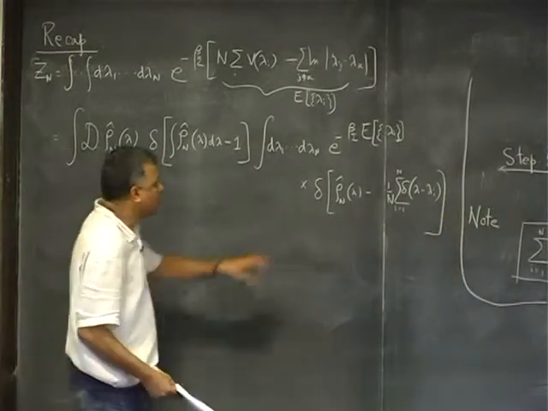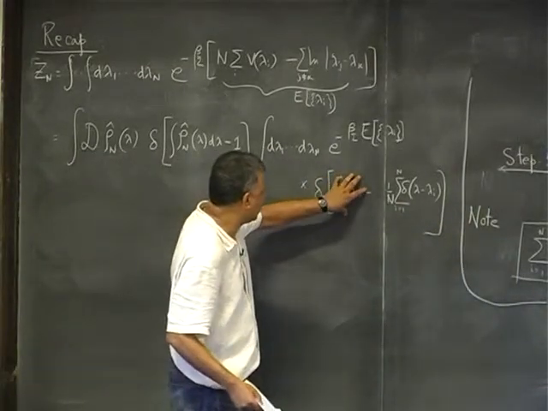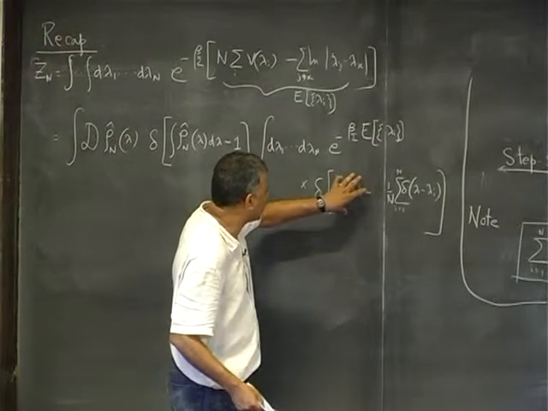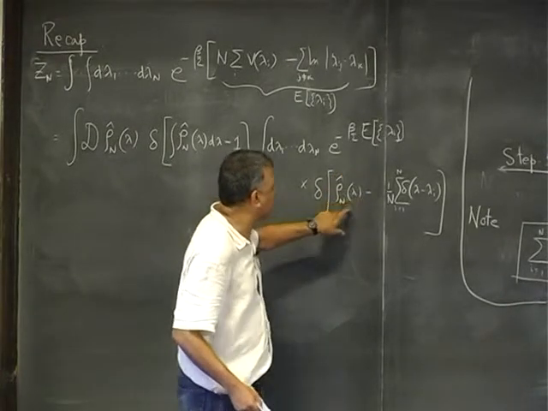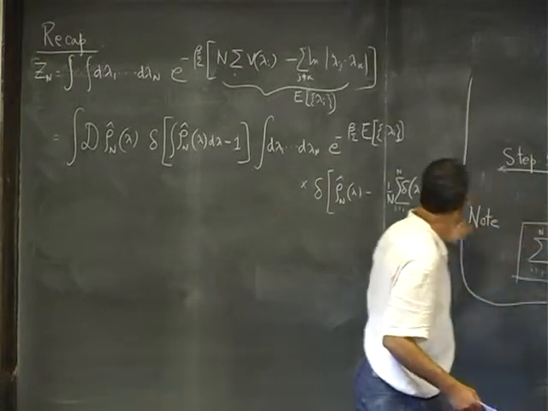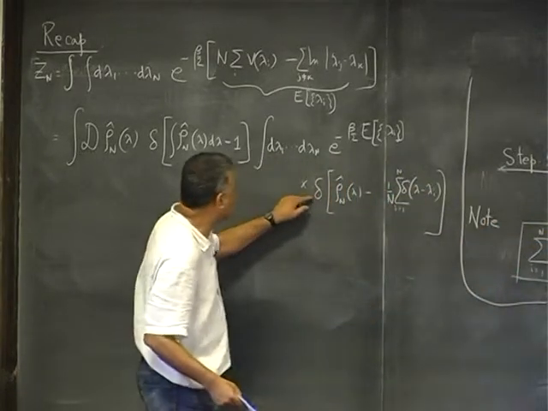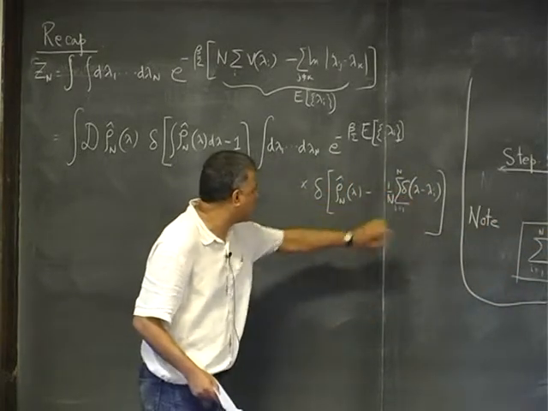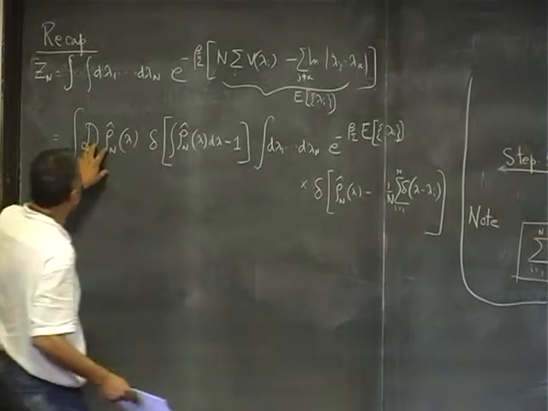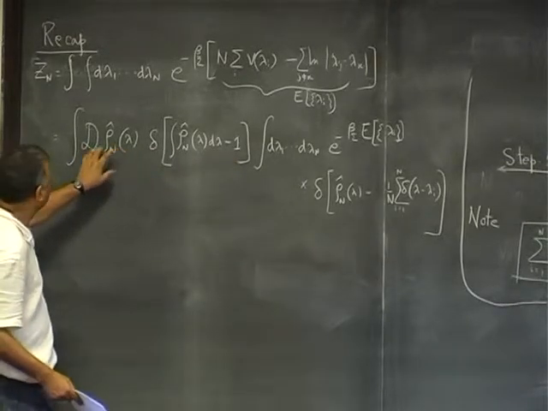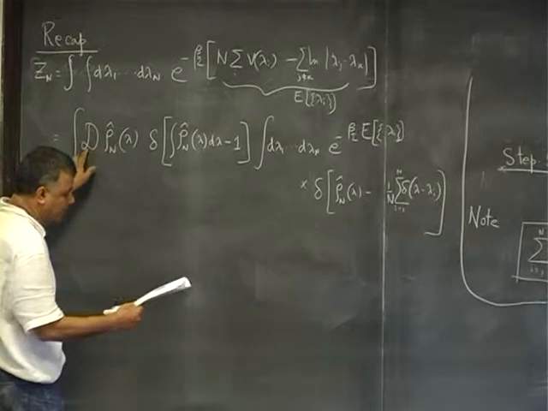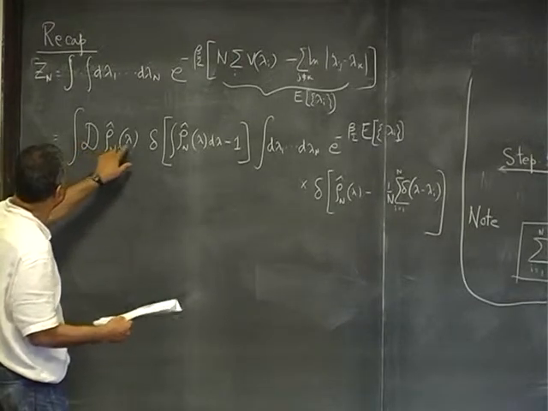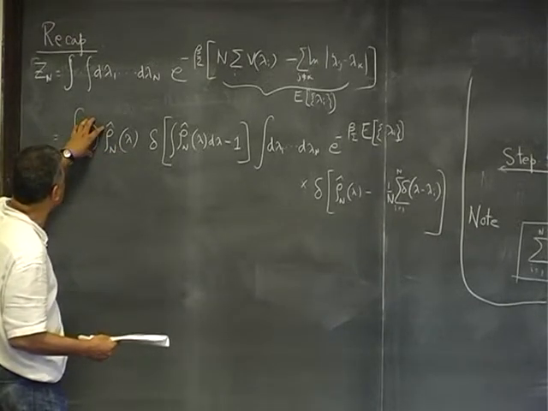So I first fix the function. If I fix the function, by definition, this function is exactly this. So I can put a delta function over this object here, and then integrate over all possible functions finally. This object, this d delta n, is a functional integral that Sumit wrote down.